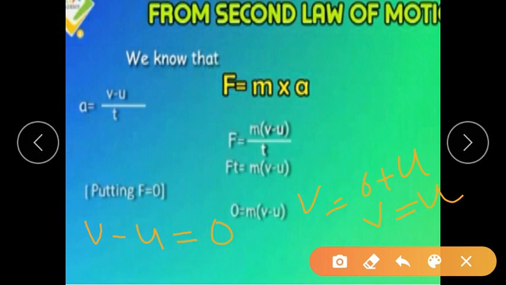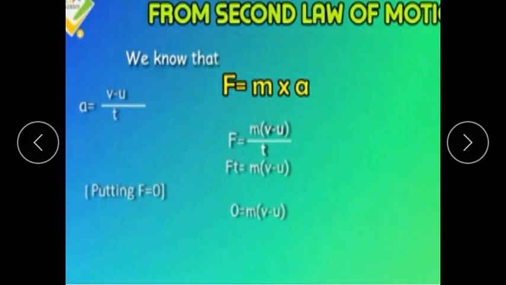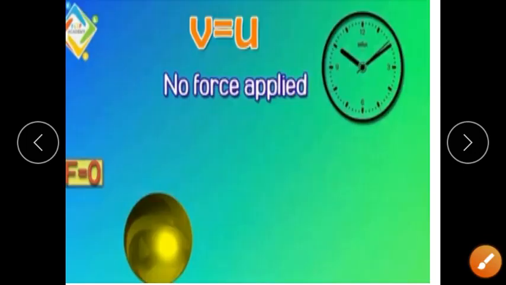Because mass never can be 0. Therefore, we got this result when we substitute F is equal to 0. Therefore, when there is no applied force, V equal to U. What is V? What is U? It is initial and final velocities. Therefore, initial and final velocities will be same. That is, velocity will not change.